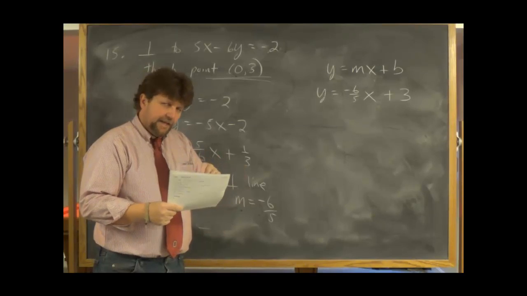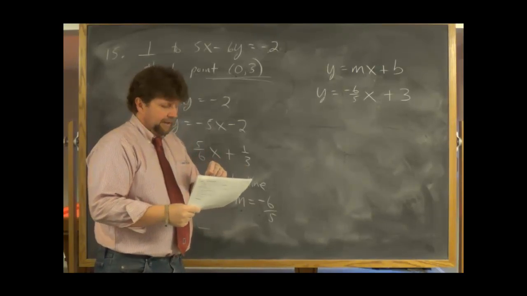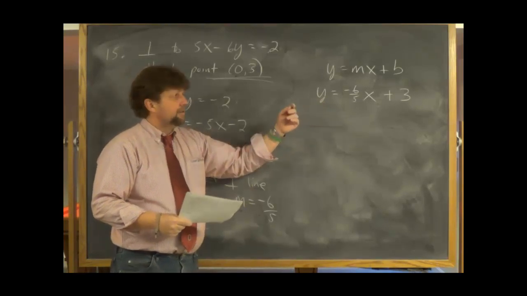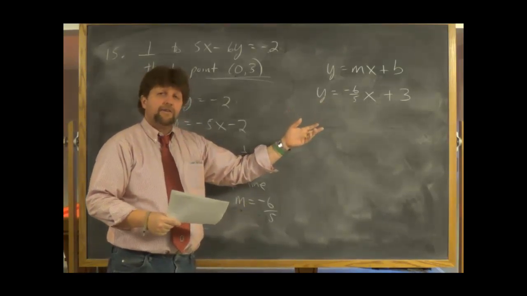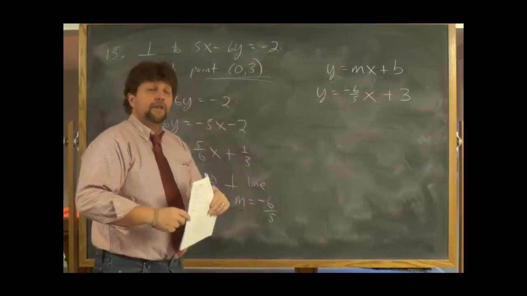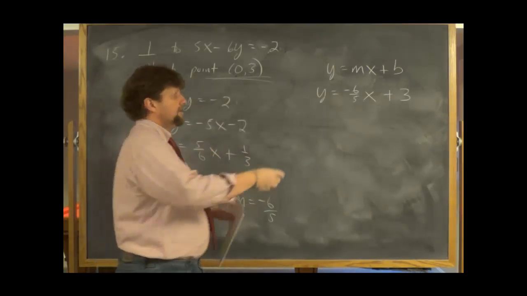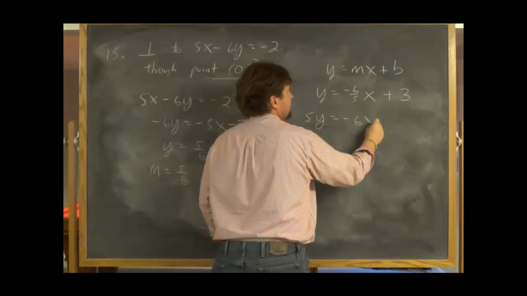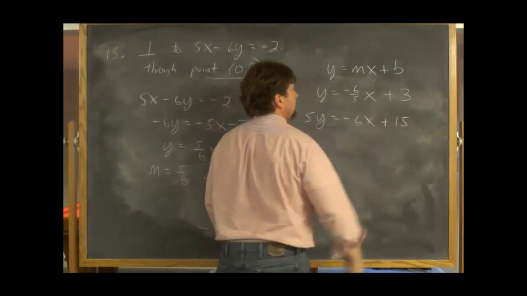Now in the directions I asked you to put it into standard form. So we just have to manipulate this a little bit. We have to get rid of the fraction for starters. So if I do that, I can just multiply both sides of the equation by 5 to get 5y equals -6x plus 15.